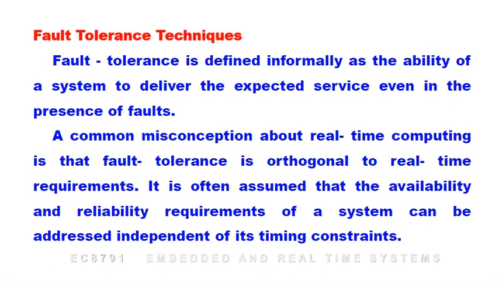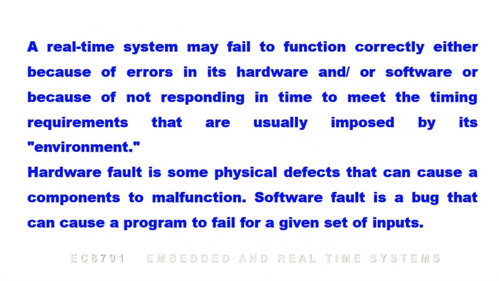It is often assumed that the availability and reliability requirements of a system can be addressed independent of its timing constraints. A real-time system may fail to function correctly either because of errors in its hardware and/or software or because of not responding in time to meet the timing requirements that are usually imposed by its environment.